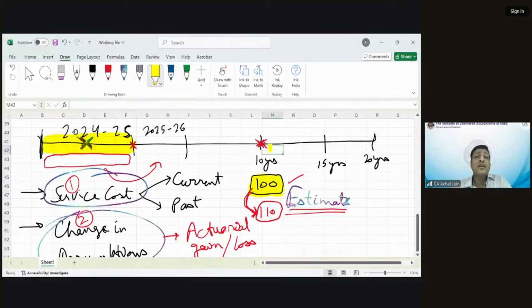This 100 is what? This is the future value. Are you required to pay this 100 today? No. You are required to pay this 100 after 10 years. So this 100 is nothing but the future value.